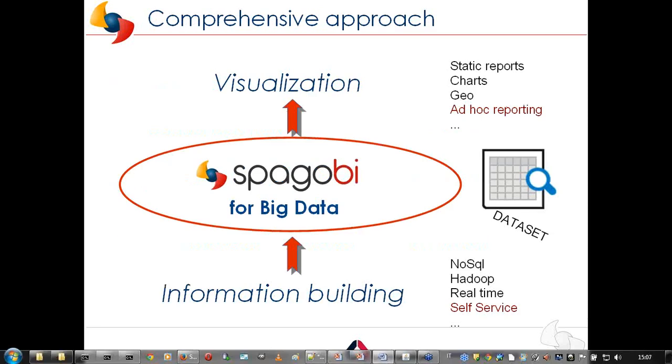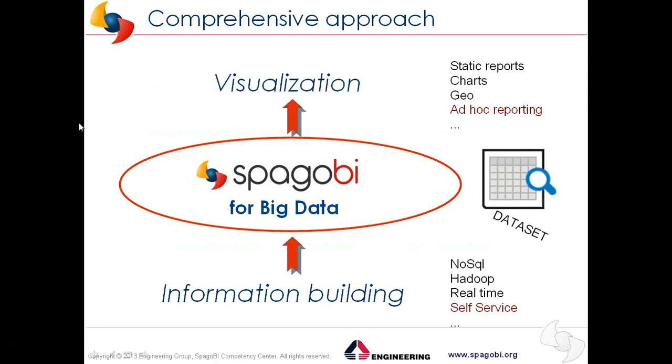Let's start connecting to the data, okay? In SpagoBI, when we speak about data, we speak about datasets. A dataset is the repository of information. It can be the result of an interrogation, but also a file, a Java class, or the result of a web service.